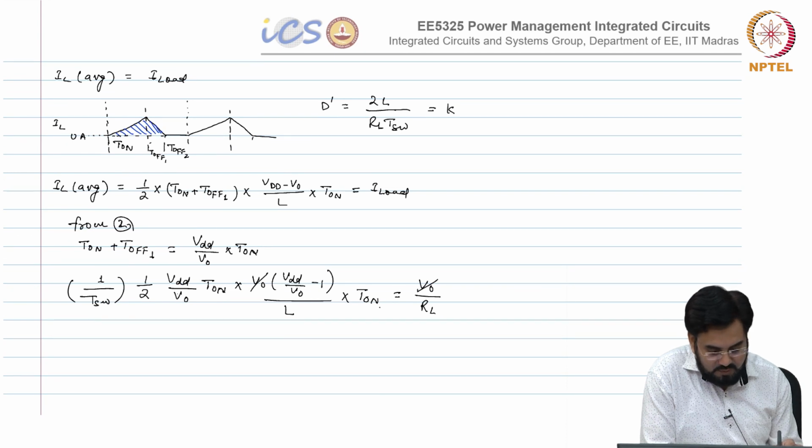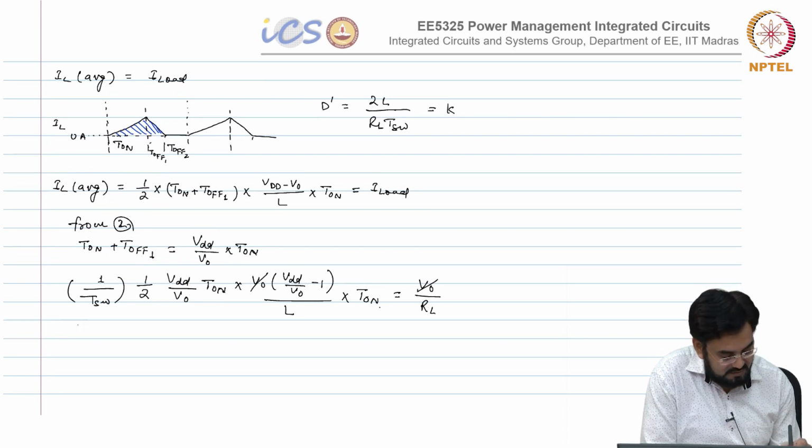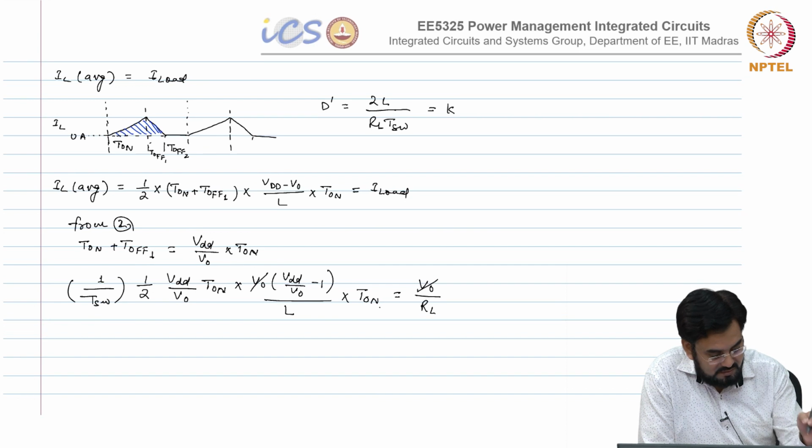So TSW and L can be moved to the other side. And what is T on? D times TSW.